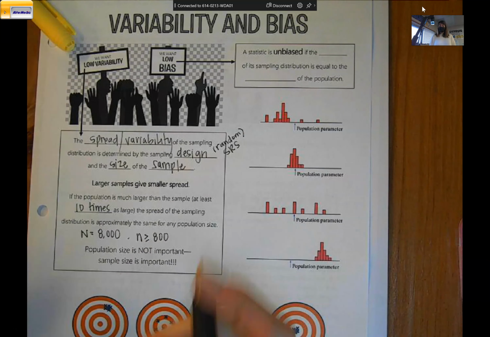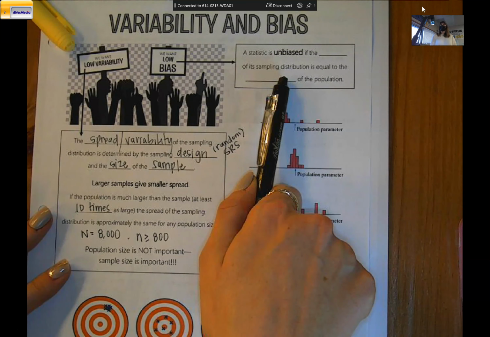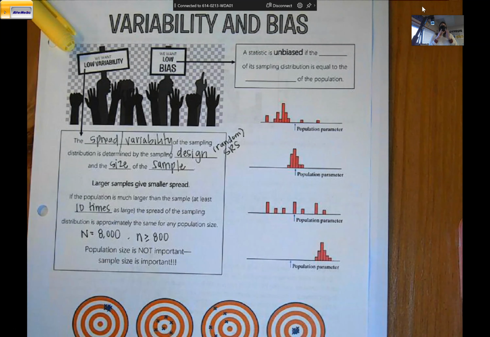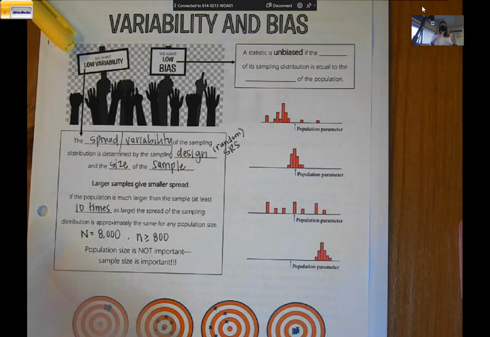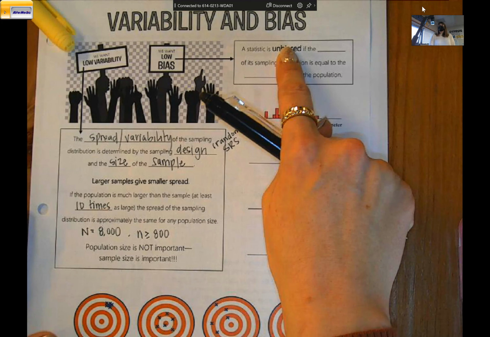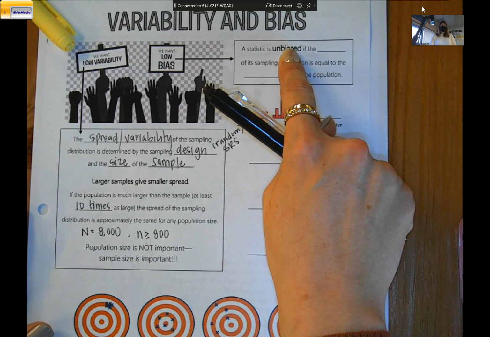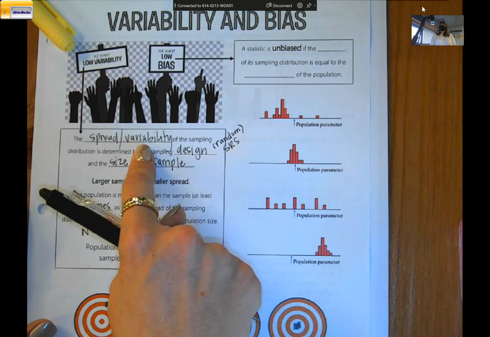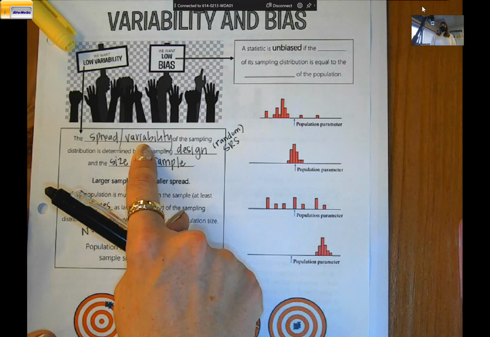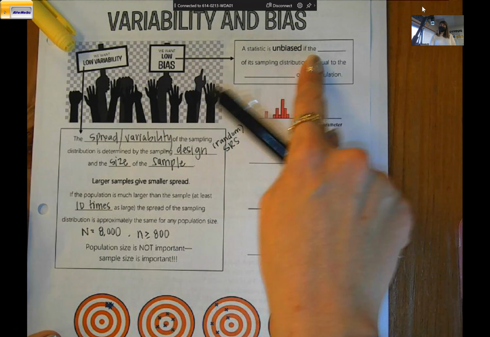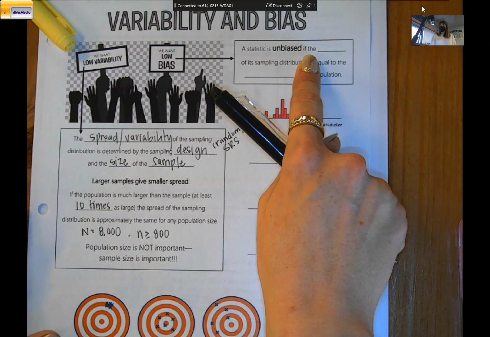The only way that you can affect the bias of a sample is to take a random sample. You're going to get a question that's going to try to trip you up on that. Random sampling is the only thing that affects bias. Sample size affects variability. So sample size does not matter here, only randomness.